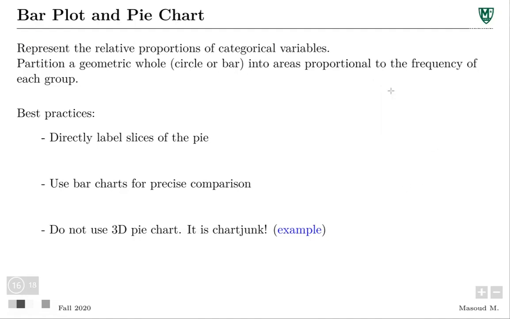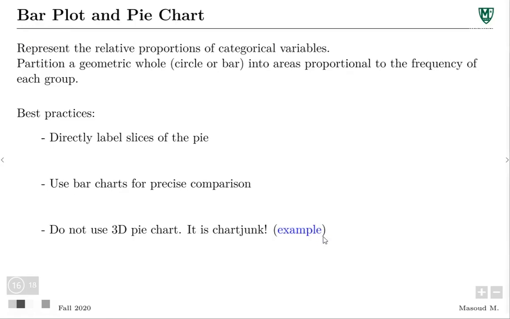It's suggested to use a bar chart if you want to be very precise, because then on the y-axis you can give absolute values. A pie chart tells us the percentage. It's hard to go with the absolute value, but with bar charts you can put the absolute value and actually compare different categories.